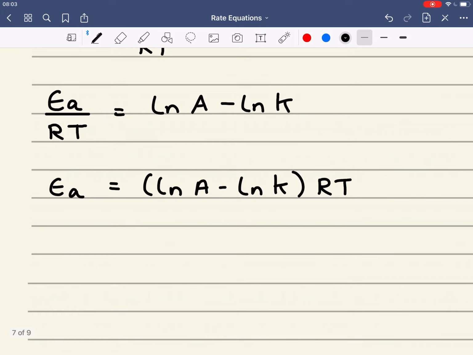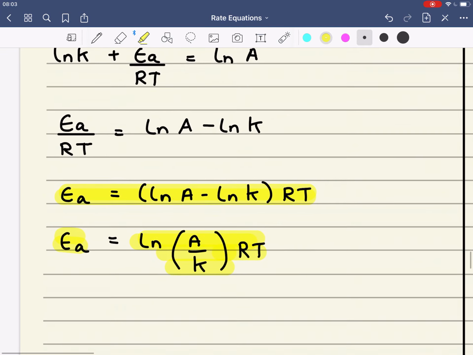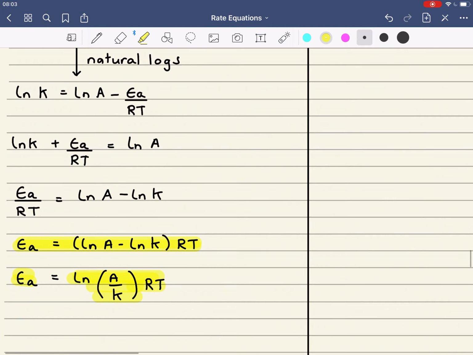And if you like your maths, we can simplify this up a little bit, and we've got now my rearranged equation there to give me activation energy. Either of these equations are fine, they'll give you the same answer. Let's now plug the numbers in.